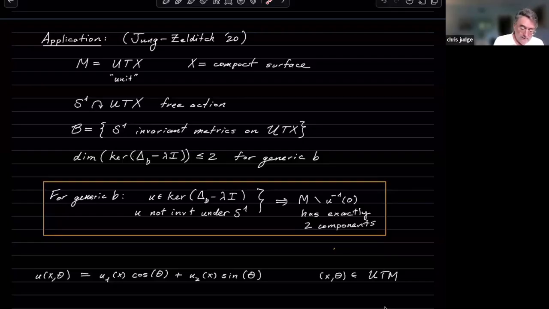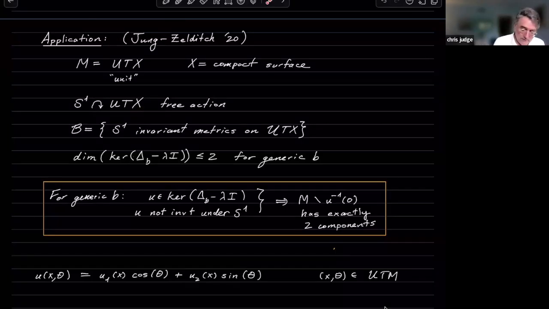The circle acts, because the tangent space to a surface is a 2-dimensional vector space, and the fibers of the unit tangent bundle are circles. So the circle acts on each of these unit vectors, and it's a free action, so you get a free action of S1 on the unit tangent bundle.